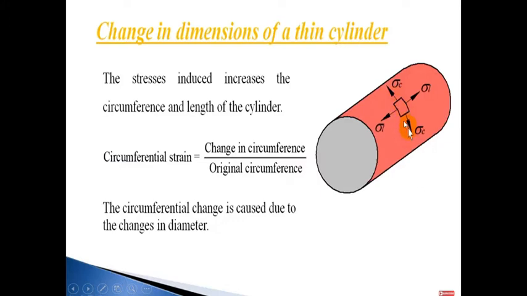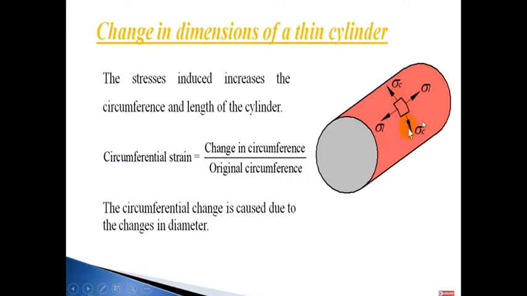So there will be stresses acting on the four sides: longitudinal stress and, sorry, circumferential stress. So sigma L is the longitudinal stress, sigma C is the circumferential stress.